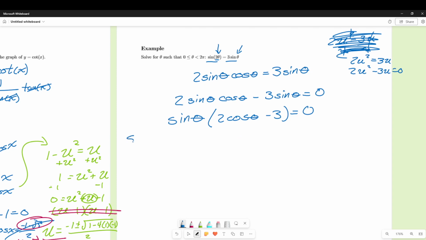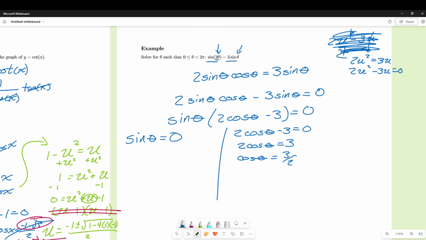So we can separate those. We get sine theta equals 0 by the zero product principle, or 2 cosine theta minus 3 equals 0, which would mean 2 cosine theta equals 3, so cosine theta equals 3 halves, and since that's bigger than 1, that can't happen. I'm not going to generate any solutions. So that's nice, that side's done.